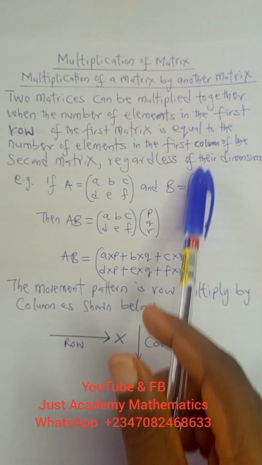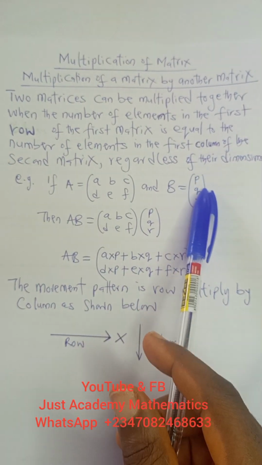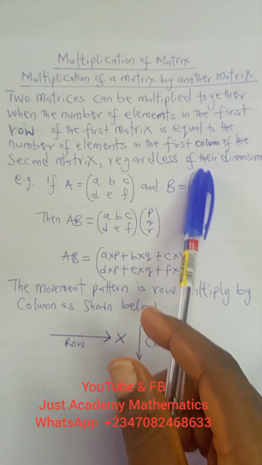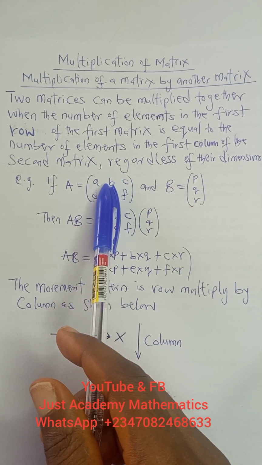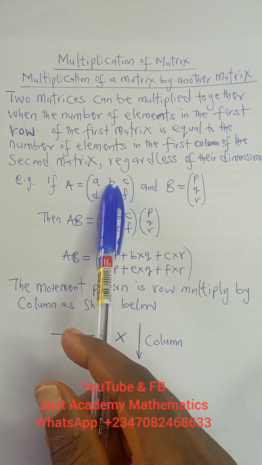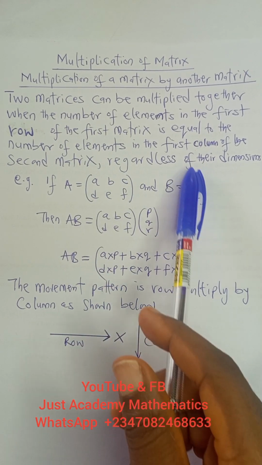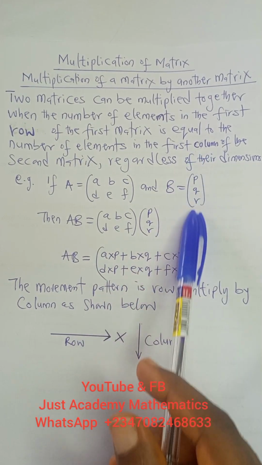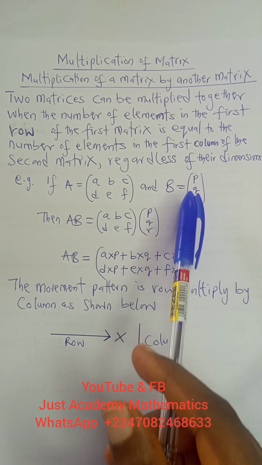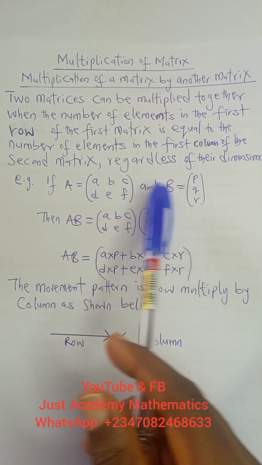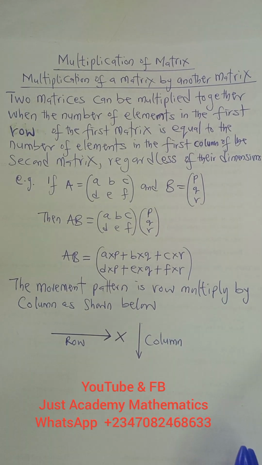The only column in this matrix is this column, 1 column. How many elements are here? 1, 2, 3. So 3 elements on the first row in the first matrix, tallying with 3 elements on the column in this second matrix. Therefore, this matrix multiplication is possible.